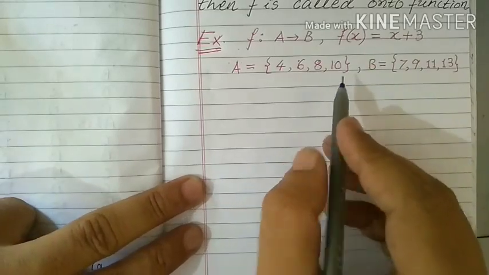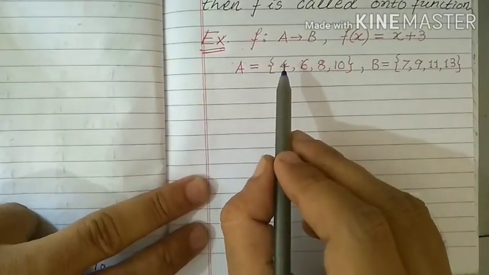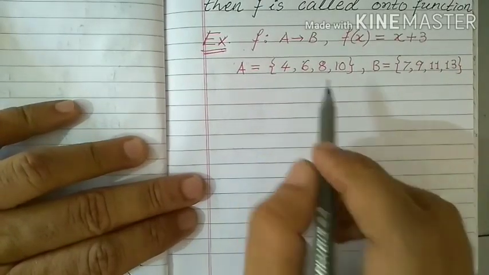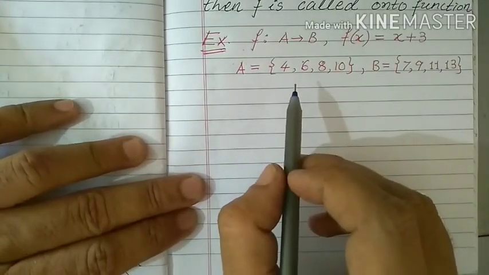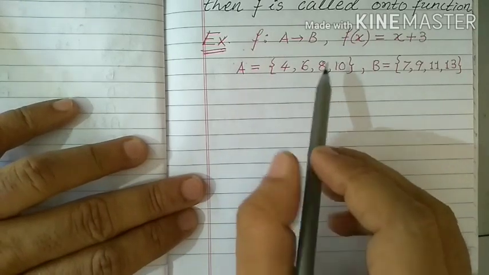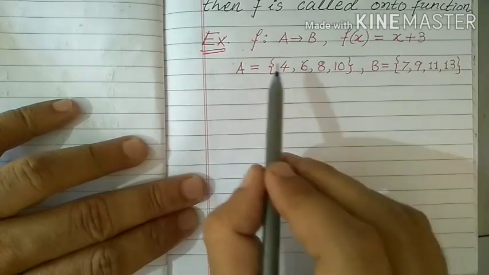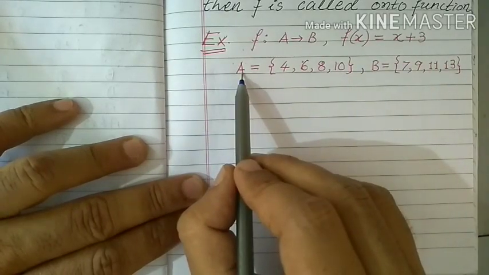Here we have to show whether the given function f is onto or not, right? So what will we do? First of all, we will check for every y belongs to B, is there any x belongs to A?